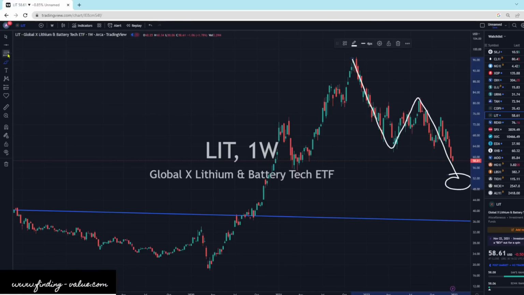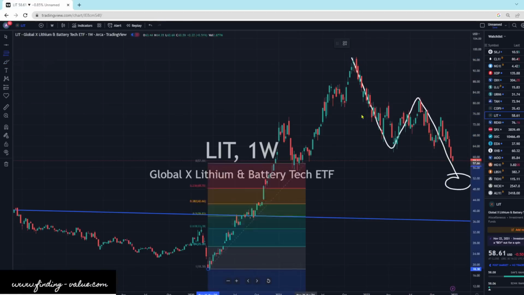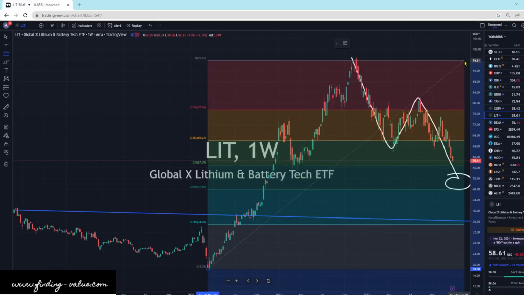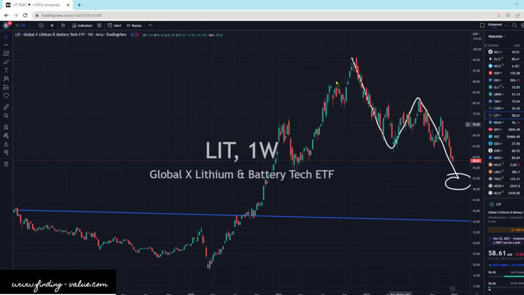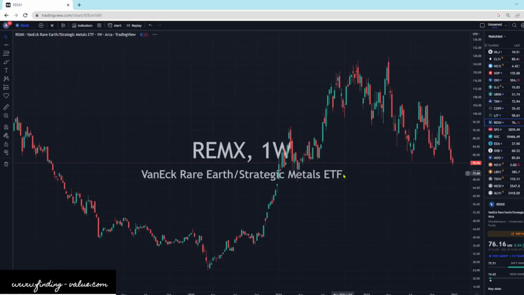If I were to guess where this thing would end up, 0.618 is where I've got the circle drawn roughly. That is $48 a share. That's a high likelihood. Or it could do a full retracement all the way back to $36 if it decides to go that far, which it very well could.